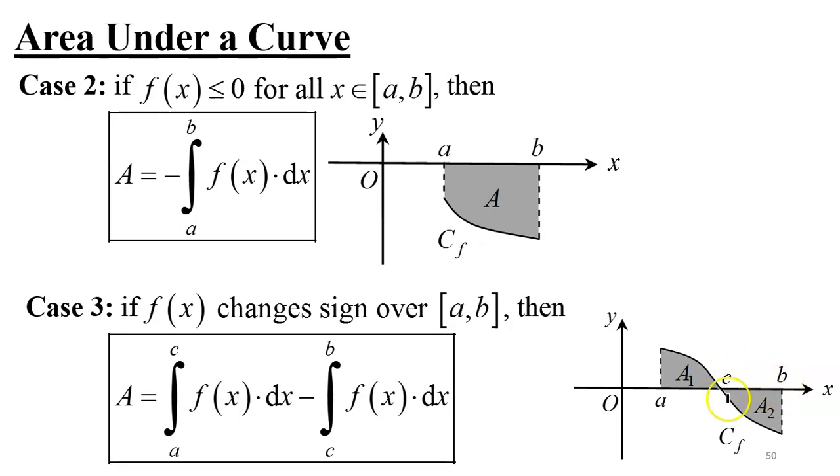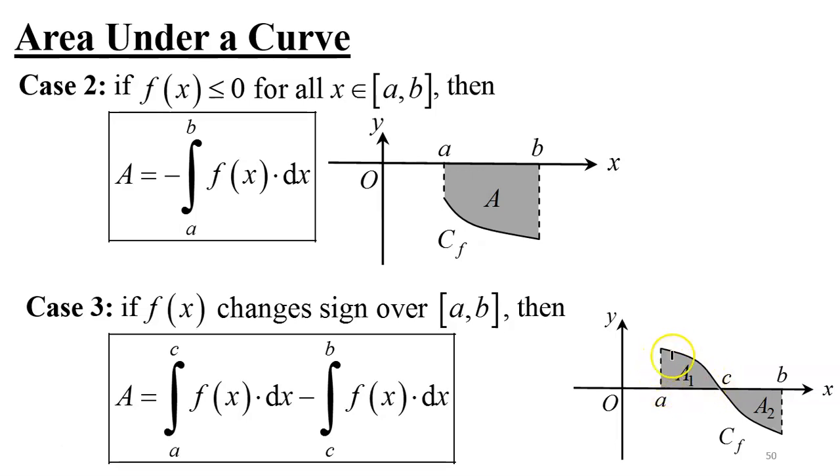And then between C and B, the curve is below the x-axis with A2 as the shaded region between the curve and the x-axis.